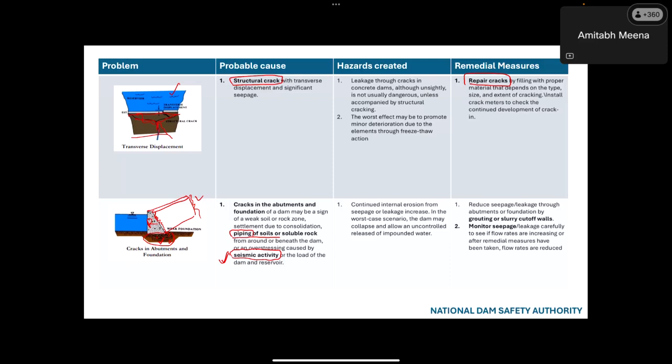And another thing we can do is, if the seepage is uncontrolled, like the seepage path is shortened, then we can build additional cut-off walls, which will increase the path of the seepage and thereby reduce the exit gradient.